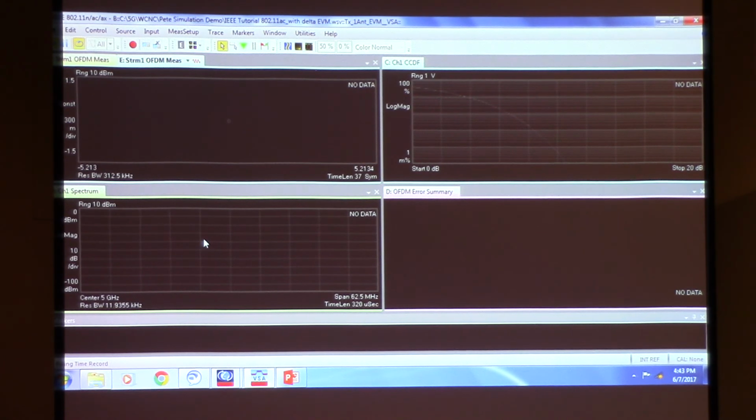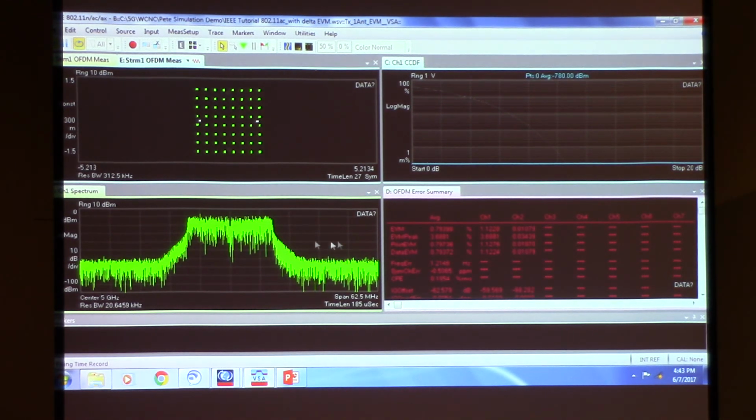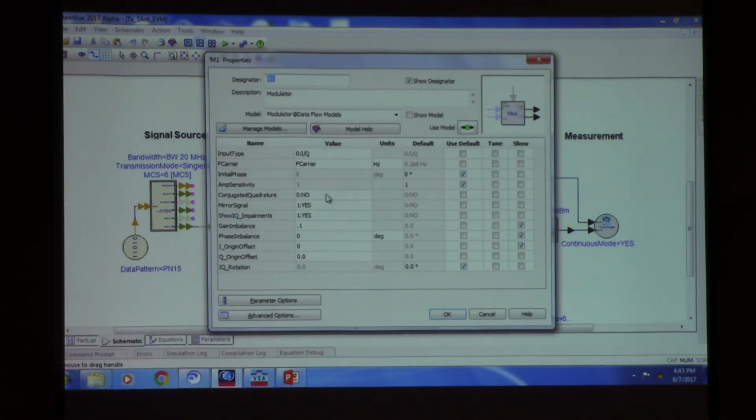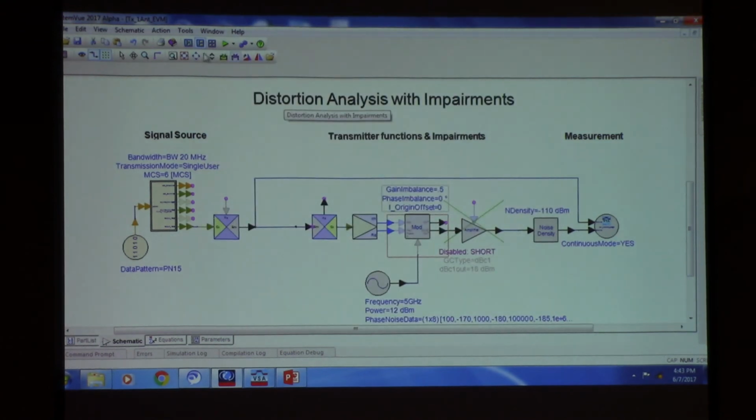Okay, so you might not see it on the constellation, but EVM's increased up to about 0.8%. So we have some degradation as a result of this gain imbalance. Let's make this a little bit more severe. Probably this is going to be a little bit extreme, but let's show it.